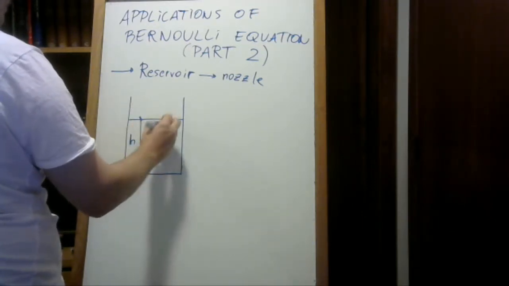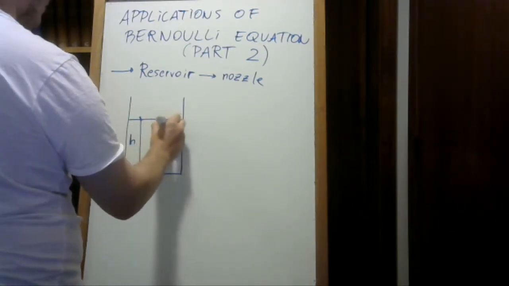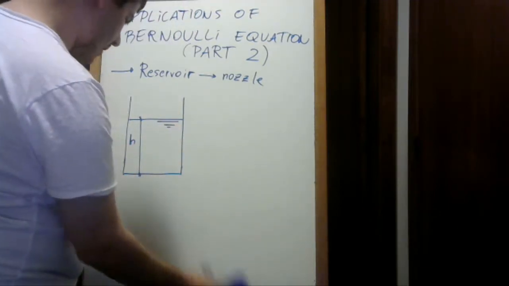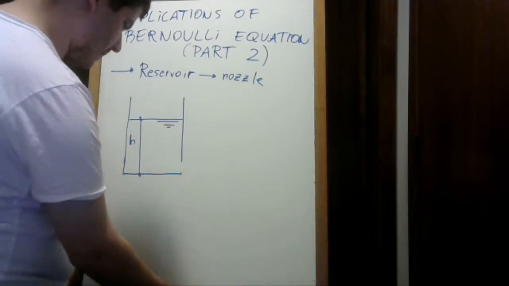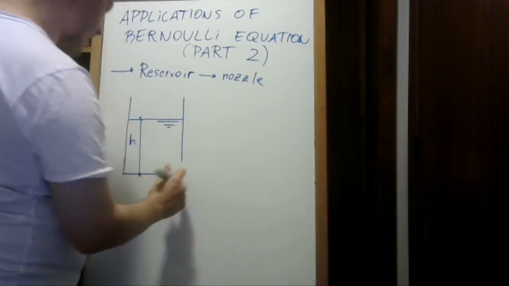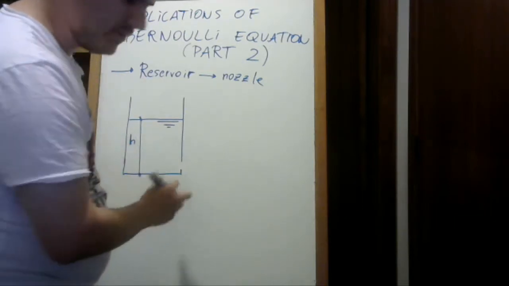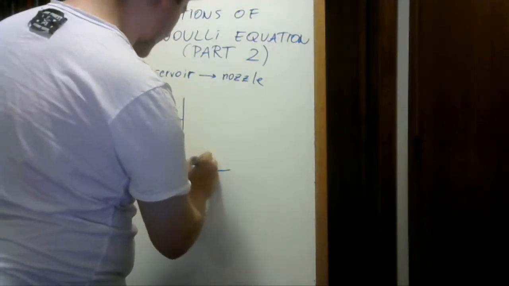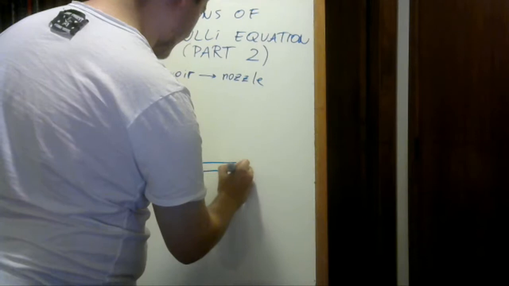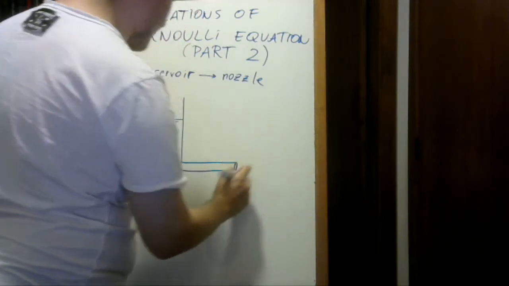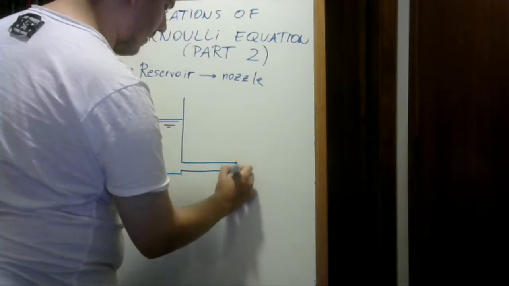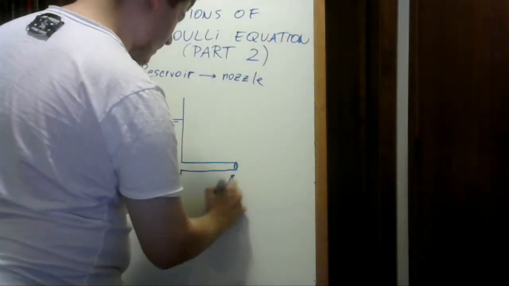It has a certain height of fluid. And here at the bottom, which can be the bottom right or the bottom left of the reservoir, we attach a pipe which is long enough, and at the end we have a nozzle right here.